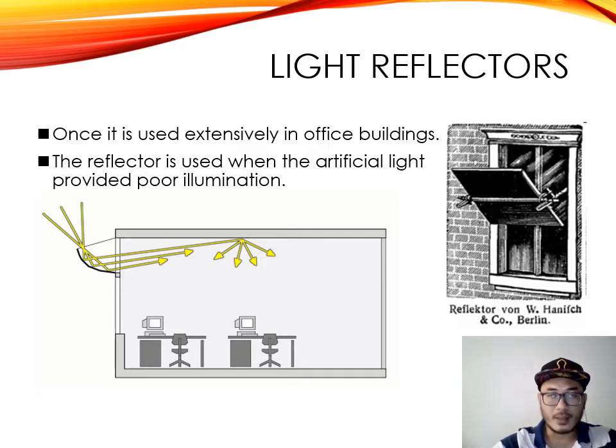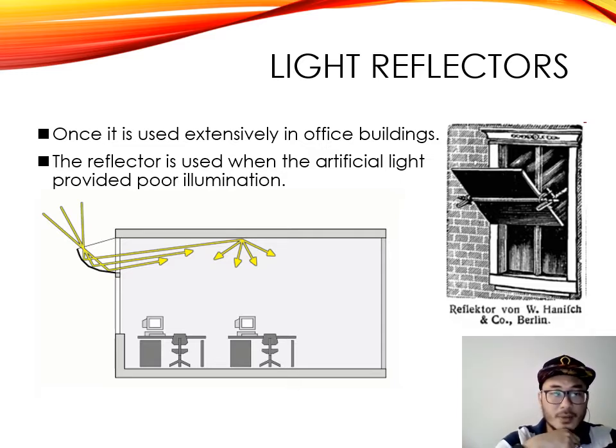This light reflector is a highly reflective material so that the diffuse light will be reflected into the building and then reflected again, scattering around the room using the ceiling surface.